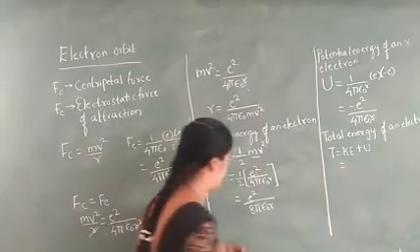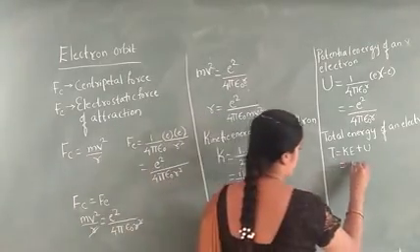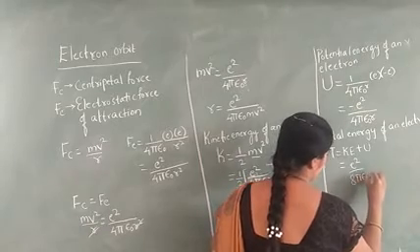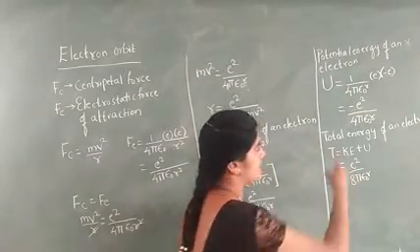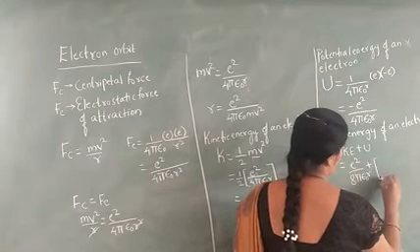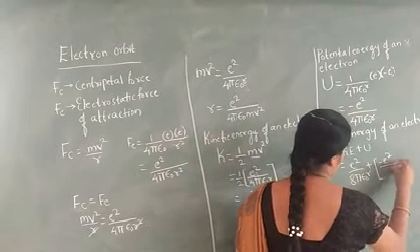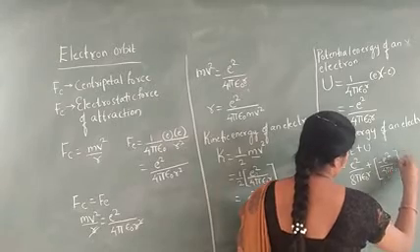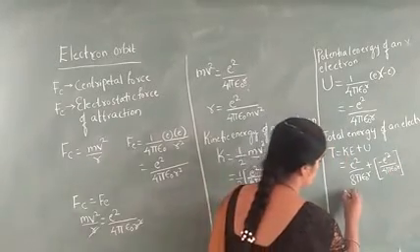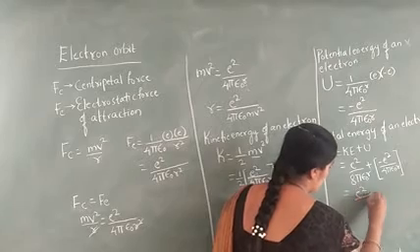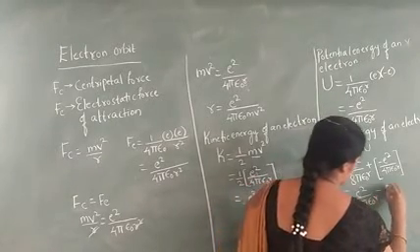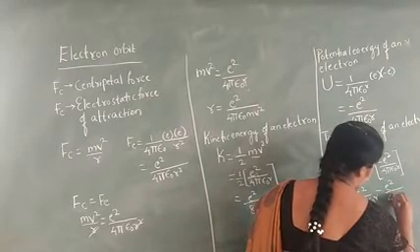Put the value of the kinetic energy, e square divided by 8 pi epsilon naught r. Next, potential energy, minus e square divided by 4 pi epsilon naught r. Now open the bracket: e square divided by 8 pi epsilon naught r minus e square divided by 4 pi epsilon naught r.